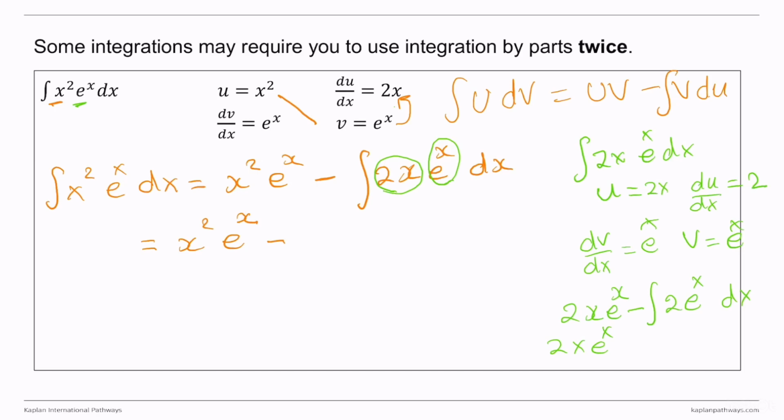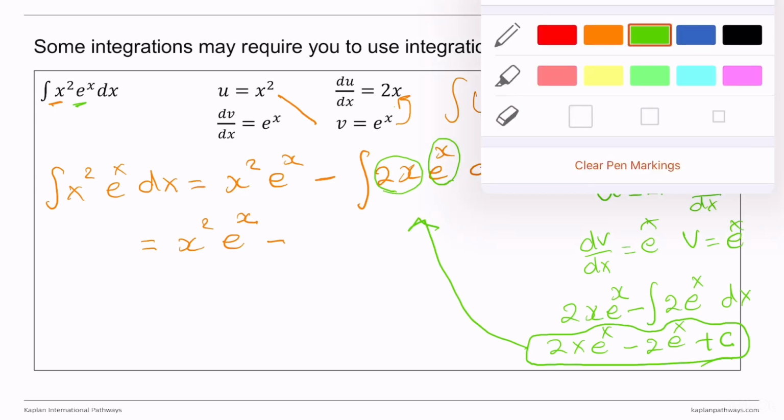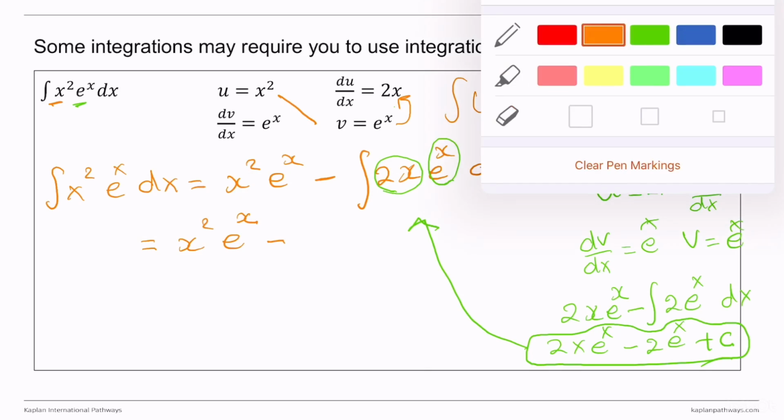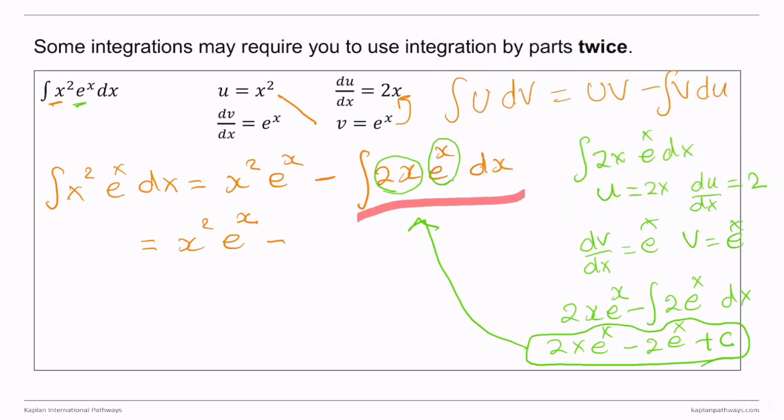The integration of e to the power x is e to the power x, so it's minus 2 e to the power x plus c. All this is for this orange part. So this is the answer for this orange part here.